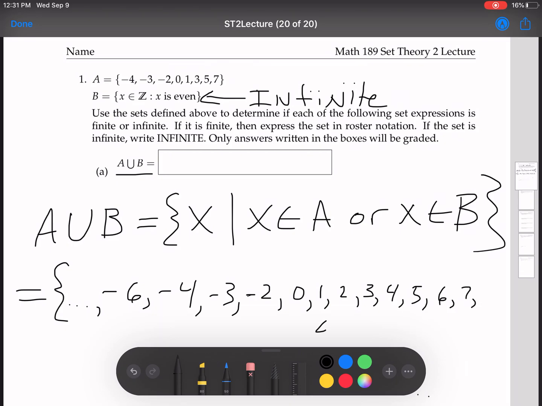Let me write some more of them out here. 8, 10, 12, and so on. Okay, so the answer is infinite.